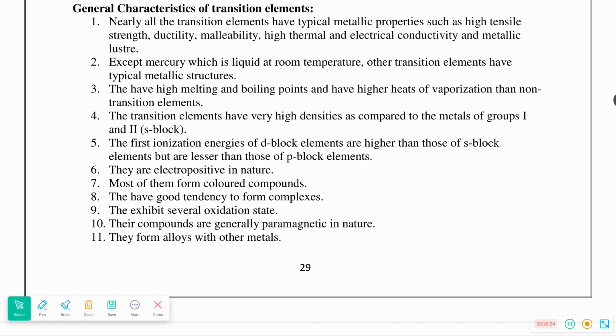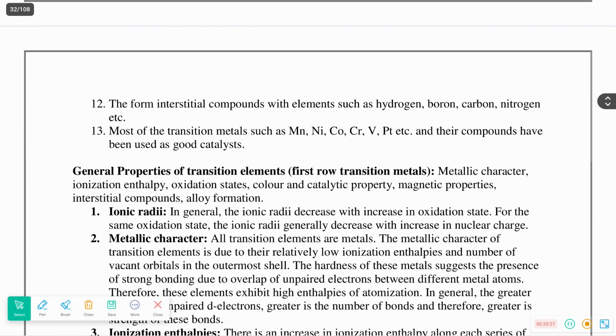Then the next property of transition metals is that they form interstitial compounds. Interstitial compounds means smaller atoms like hydrogen, carbon, nitrogen and boron occupy the interstitial sites of the transition metal crystal lattice.